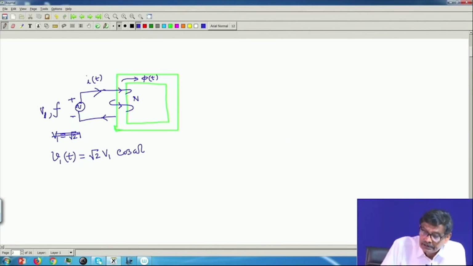But the moment an alternating flux is created inside the core of this magnetic circuit, between these 2 points there appears an AC induced voltage. Suppose the number of turns of this coil is N, or say N1, a single coil.